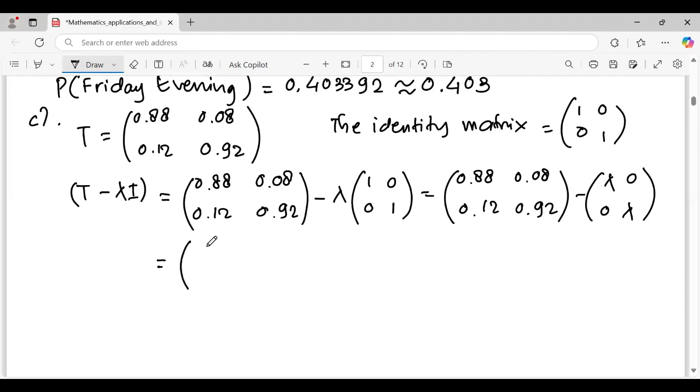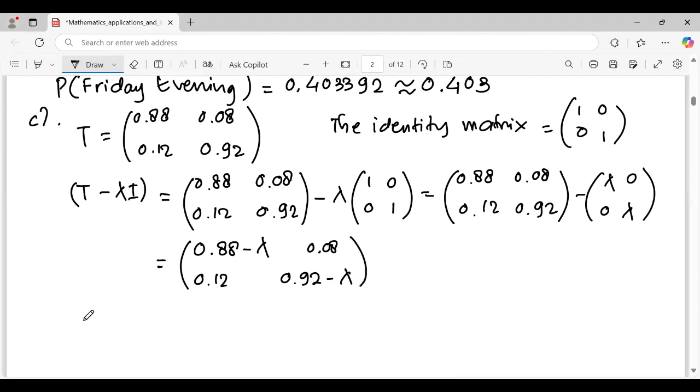So it becomes 0.88 minus lambda, then 0.12 minus 0, still this number, 0.08 minus 0, still this number, then 0.92 minus lambda.